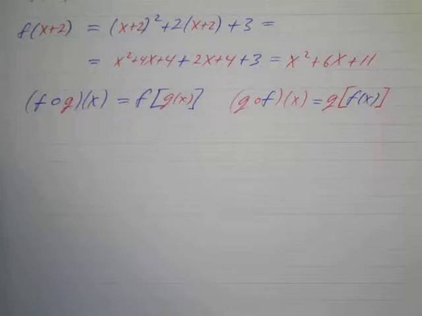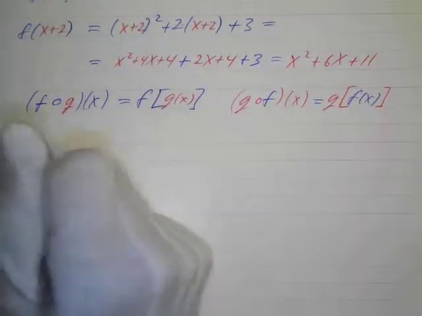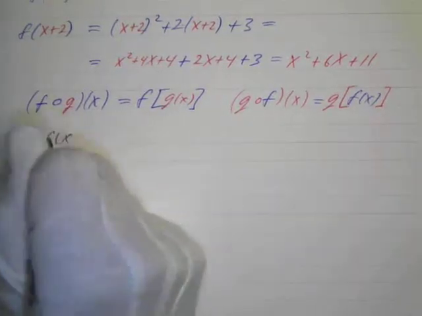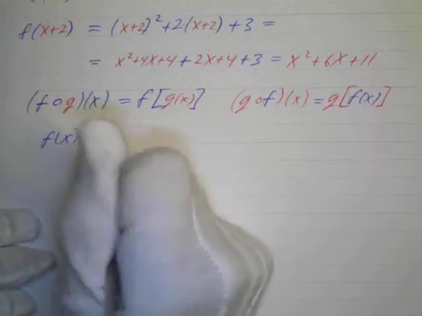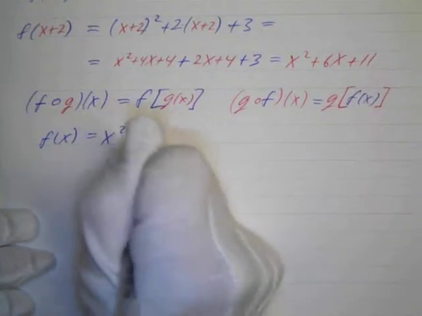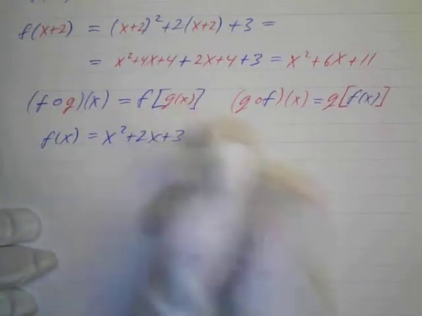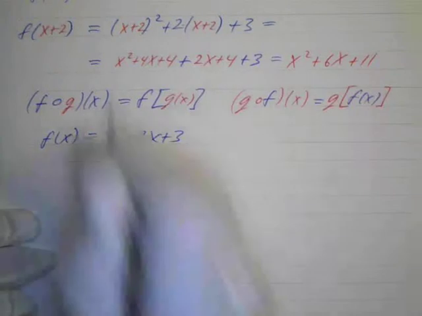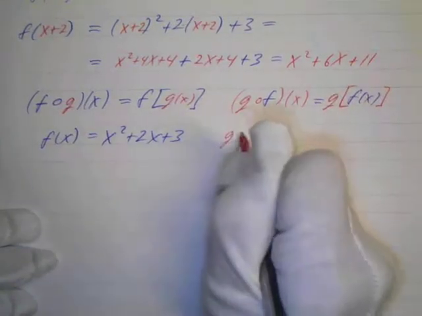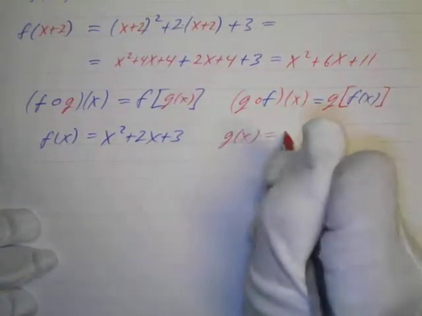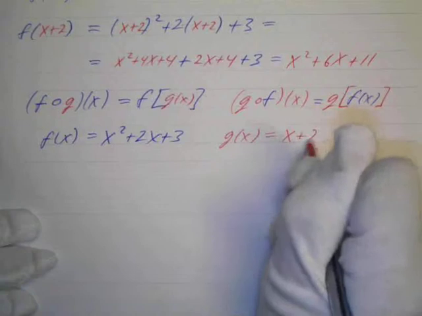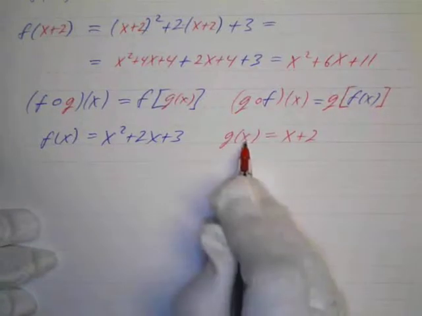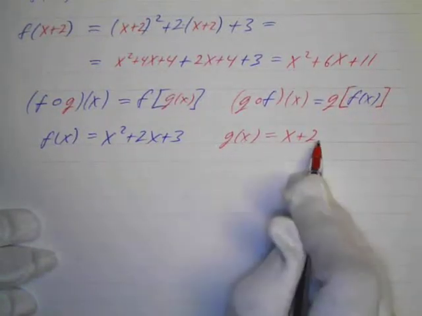So let's say our f of x was, as we wrote up here, and let's say our g of x was x plus 2. That means whatever I see as x, I add 2.